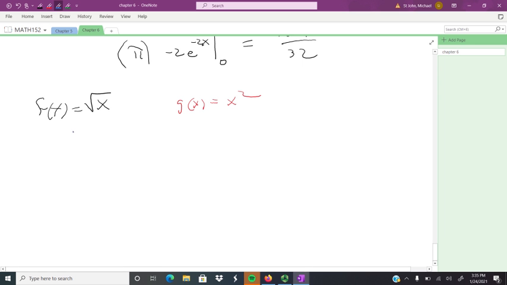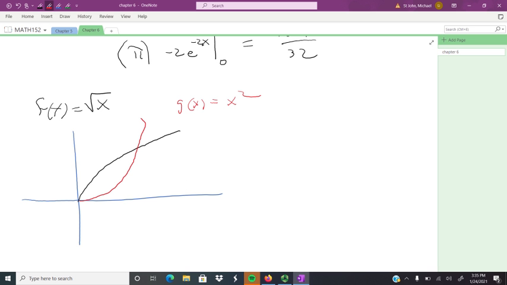And again, if I plot those, I end up having something that looks like this. And then my other one is going to be looking like this. And again, I need to know the intersection points. And so again, we need to find those first.